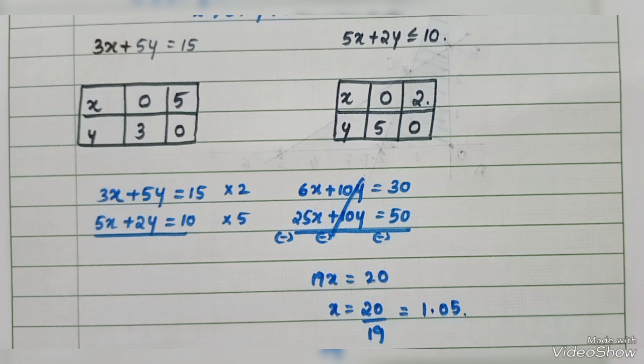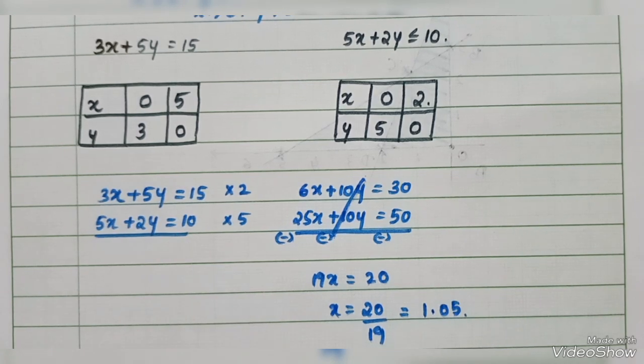Okay, using a simple calculator or take any value in this equation. 5 into 1.05, okay, 5 into 1.05, that is 50 minus 5 into 1.05, 44.75 divided by 2, that is 22.37. Y becomes 22.37.